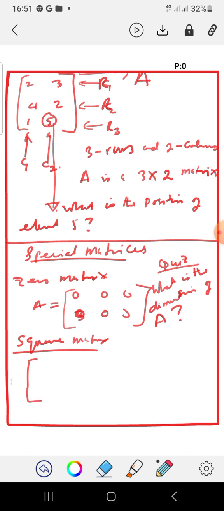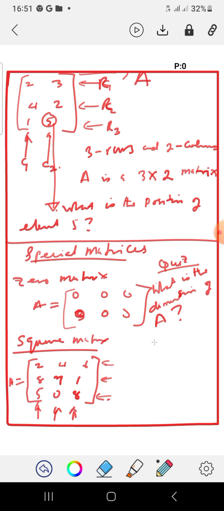All right, a square matrix. Let's say this is A again, and it has 2, 4, 6, 8, 7, 1, 5, 0, 8. If you look at that, that's a 3 by 3 matrix because it has 3 rows and 3 columns.